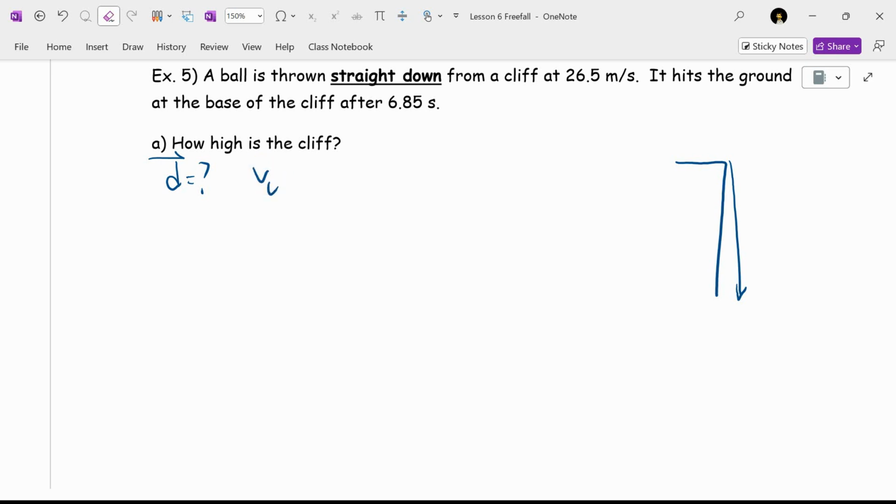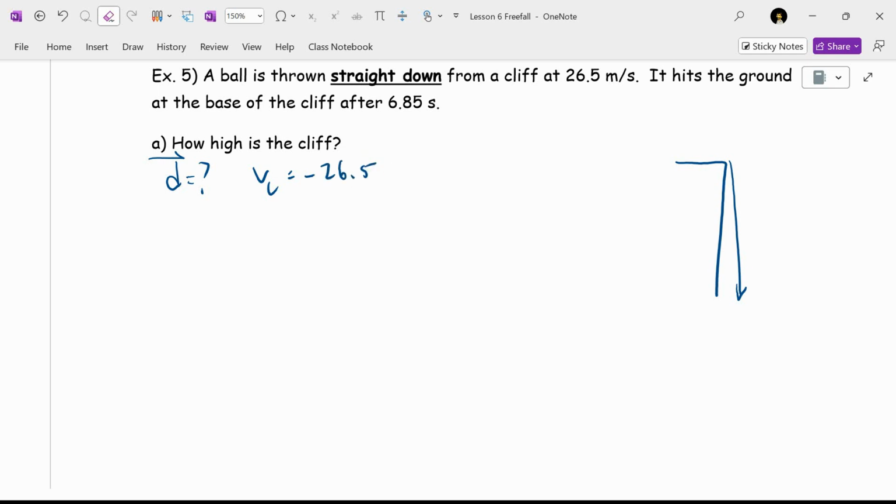What's VI? I'll give you a hint. It's not 26.5. What two words did I underline? So what's VI? Oh, it's negative 26.5.